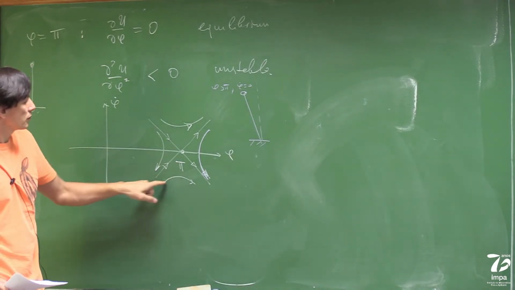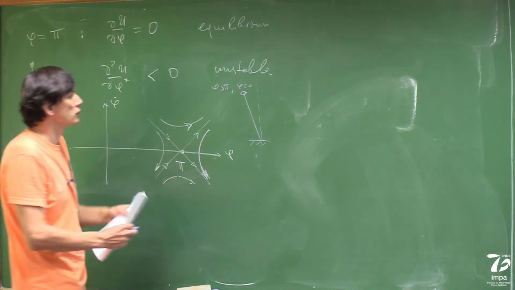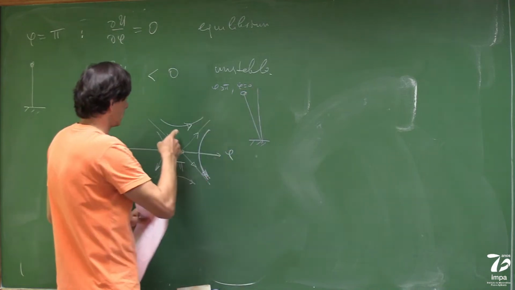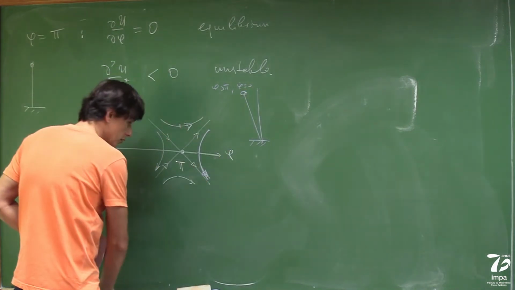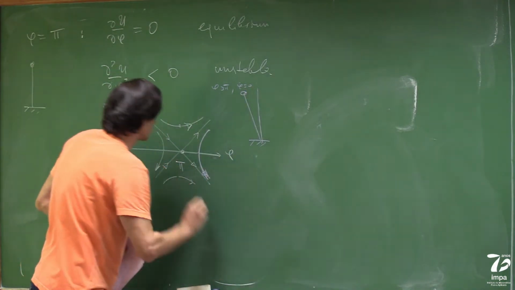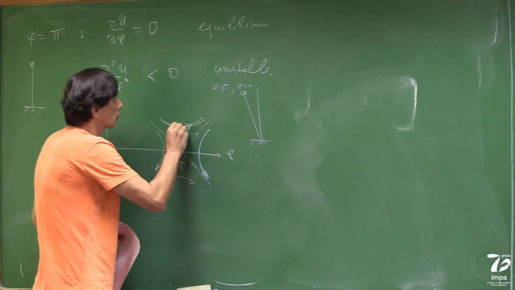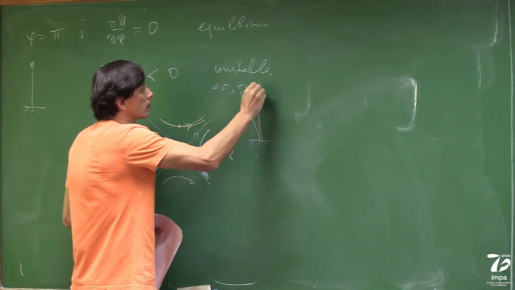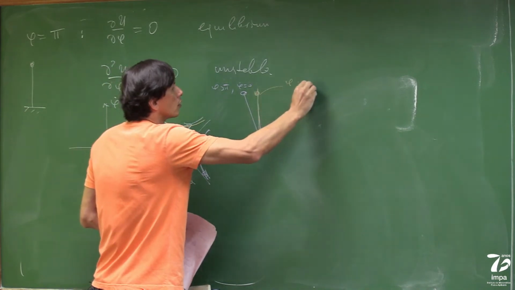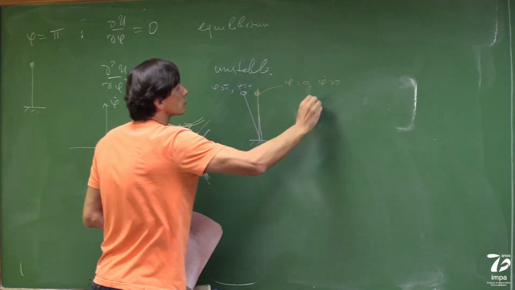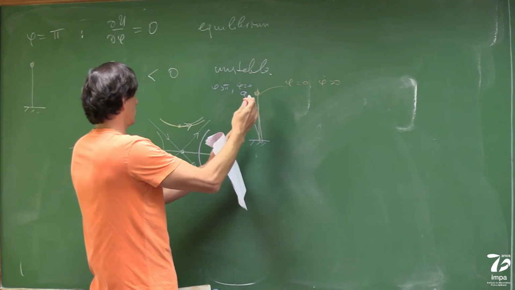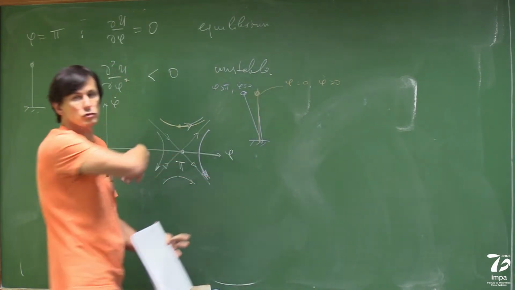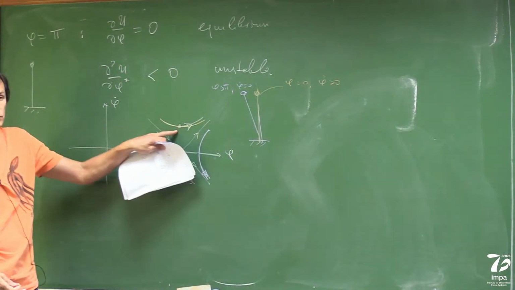And here what it means is that, for example, I can put it straight, right here, but with the velocity slightly positive. Then it also will fall. Right? So that will be this curve.